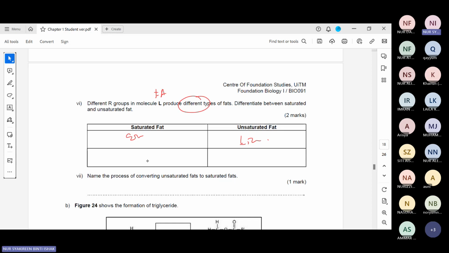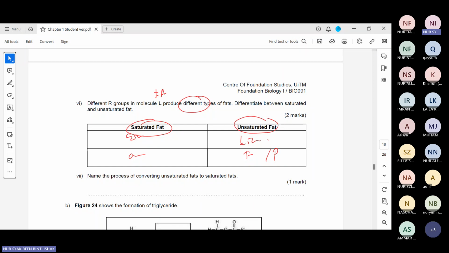Saturated fat is animal fat. Fish oil ataupun plant are usually unsaturated. And then saturated fat has a higher melting point. Ini tak ada dalam nota, just additional. Unsaturated fat has a lower melting point.